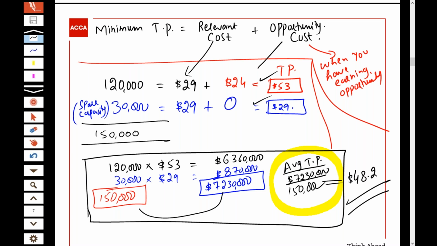You will come to me and ask the price, and I will quote this transfer price per unit. So remember the golden rule: opportunity cost is the loss of income when you have an earning opportunity. So simple, guys. When will you count the opportunity cost? When you have the opportunity of income. When you do not have the opportunity income, there is no opportunity cost.